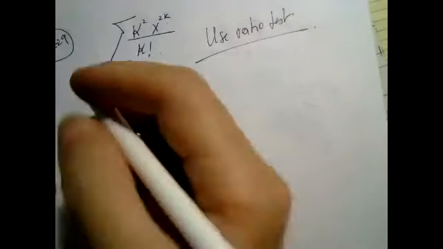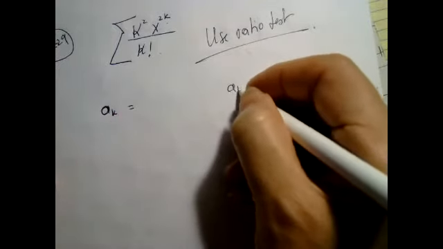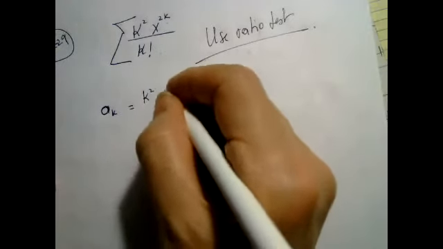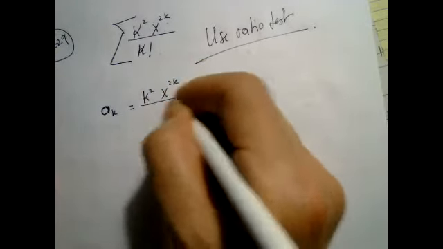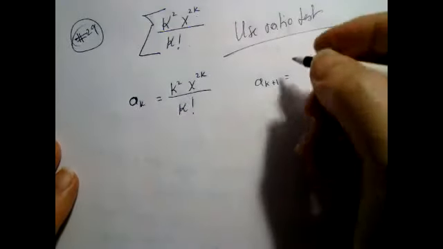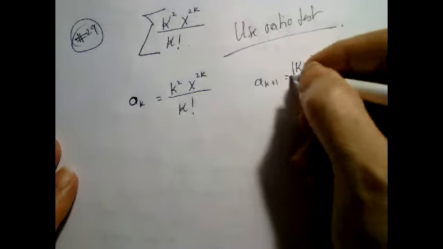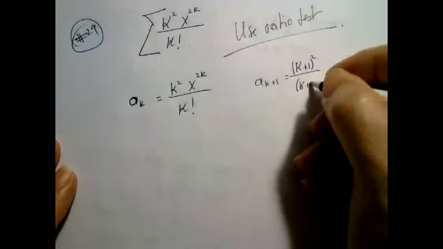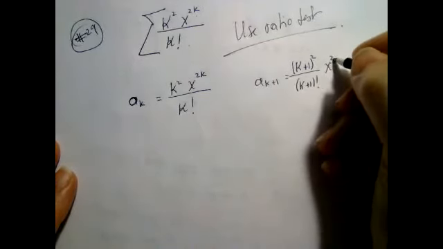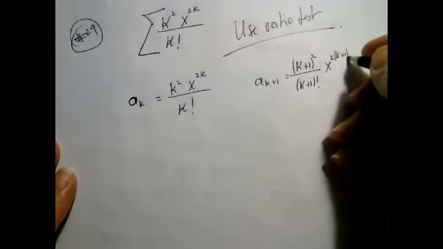And we compute the usual thing. We compute a_k, and we find an expression for a_(k+1). So a_k is going to be k squared x to the 2k over k factorial. a_(k+1) would be (k+1) squared over (k+1) factorial times x to the power 2, and instead of k, I have to put k plus 1.